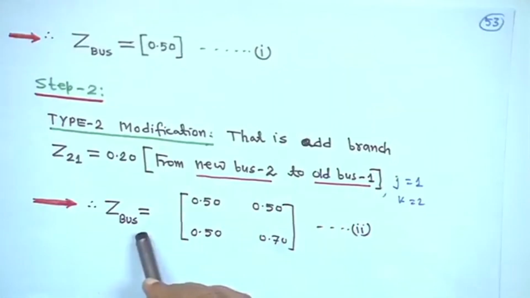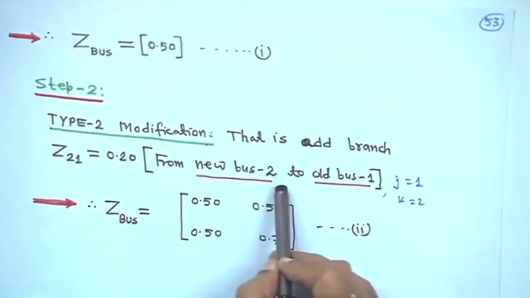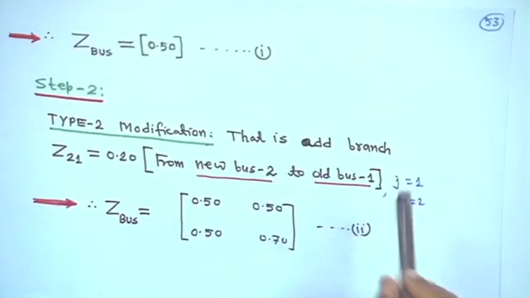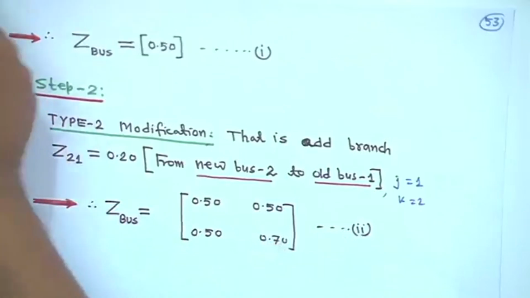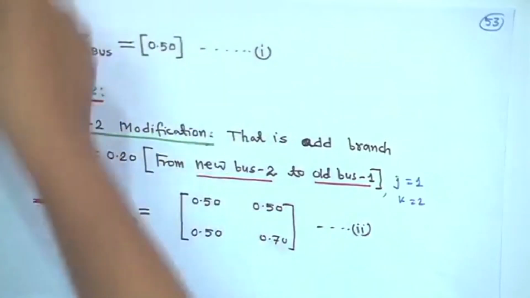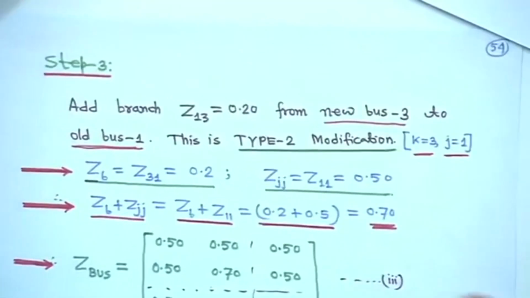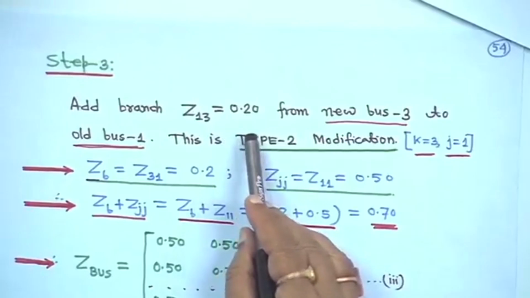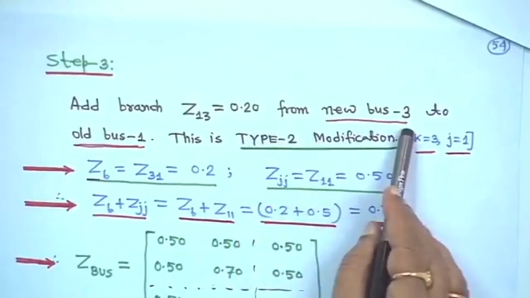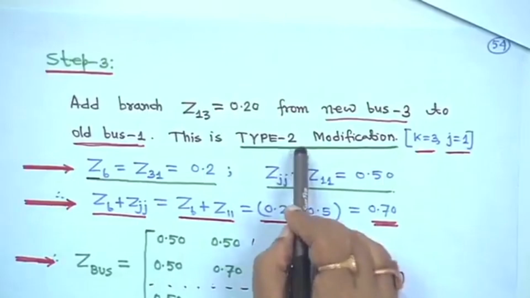So this is the Z bus when we are adding a new bus to an old bus. Next is step 3. In this case, add branch Z13 from new bus 3 to old bus 1. This is also type 2 modification.